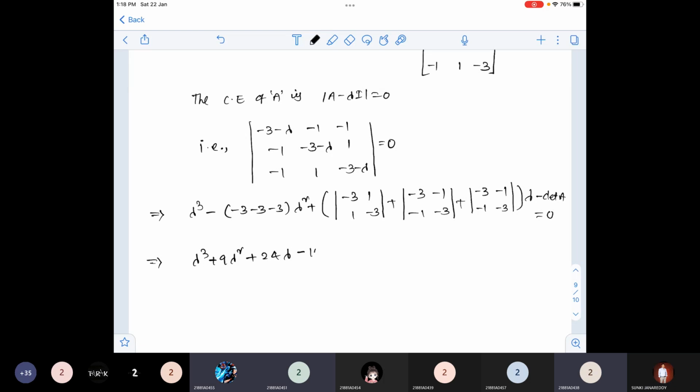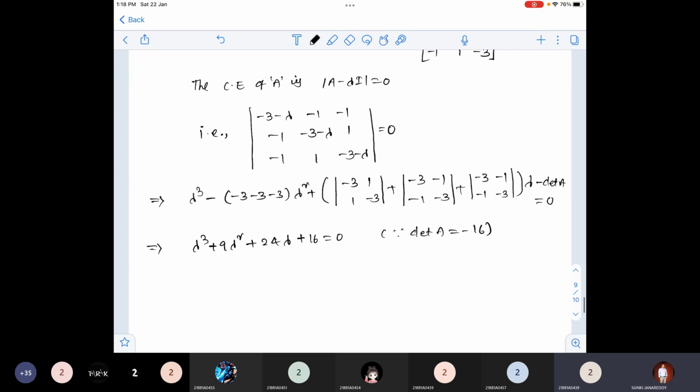Now that implies lambda is equal to what values? Minus 1, minus 4, minus 4.